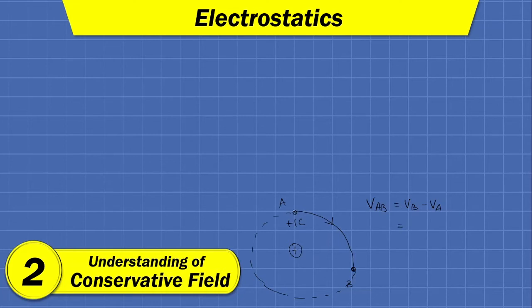But here points A and B both lie on the equipotential surface, so the value of potential will be the same. So it will be 0.